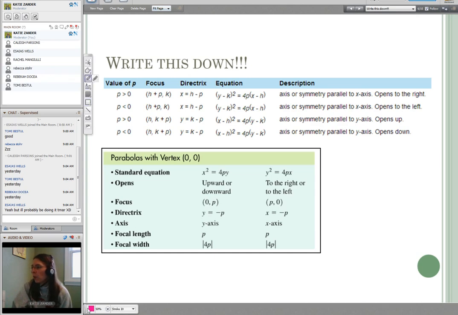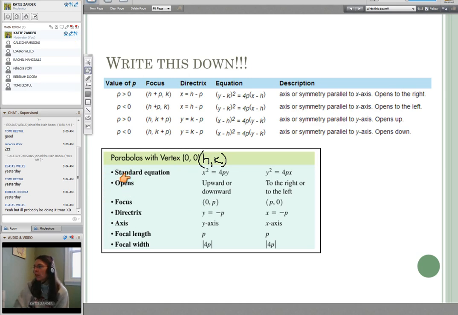And if you want to only include one table in your set of notes, I probably would hold off and wait to copy down where the vertex is h comma k, because you can apply all of the rules for the vertex being centered at the origin to that h comma k format as well. It's just that h would be 0 and k would be 0. So you would just substitute that in for all your information. So if you want to hold off a little bit longer still with copying that table down, you can do so. That way you only need one table for your parabolas versus a few of them.